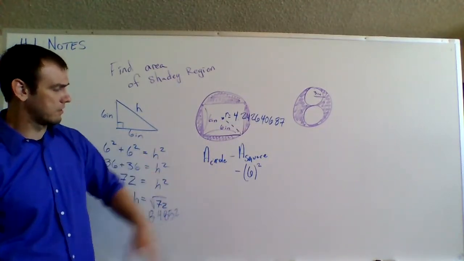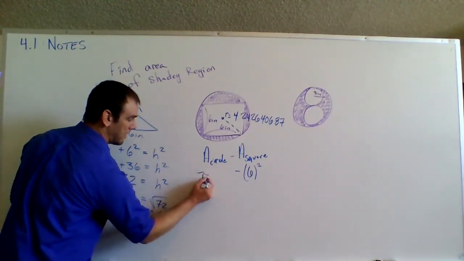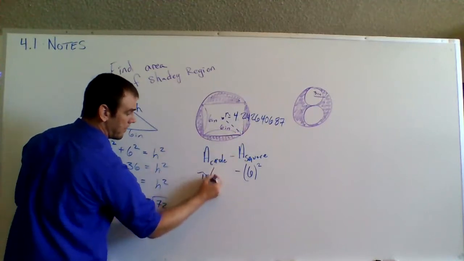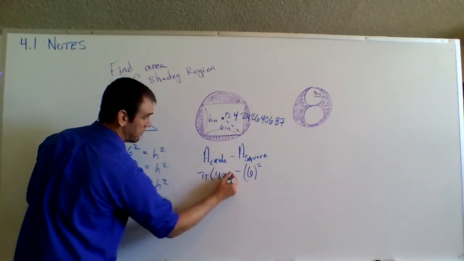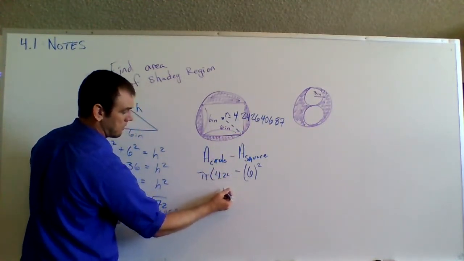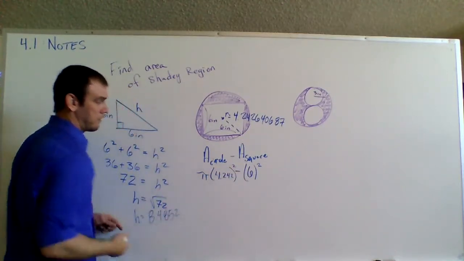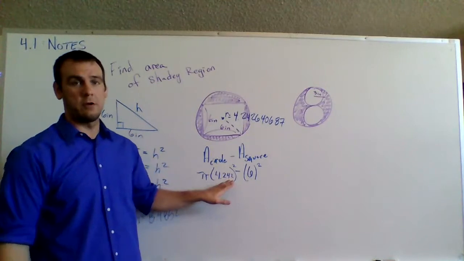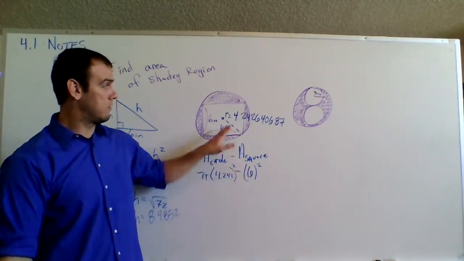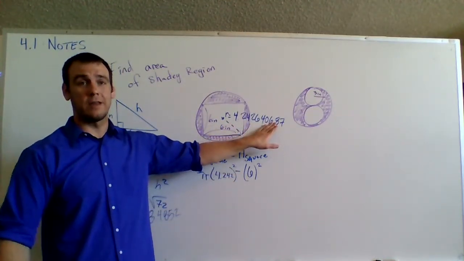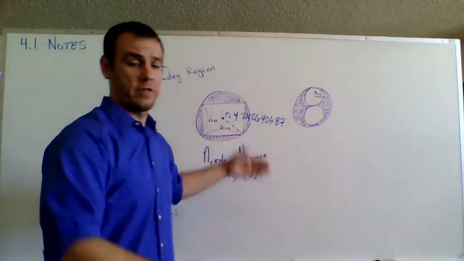So for area of a circle, it's just going to be pi r squared, but r is going to be about 4.242. We're going to square that number. Now don't type this number in your calculator and square it. You have this number already in your calculator. Square all of those decimals with it.